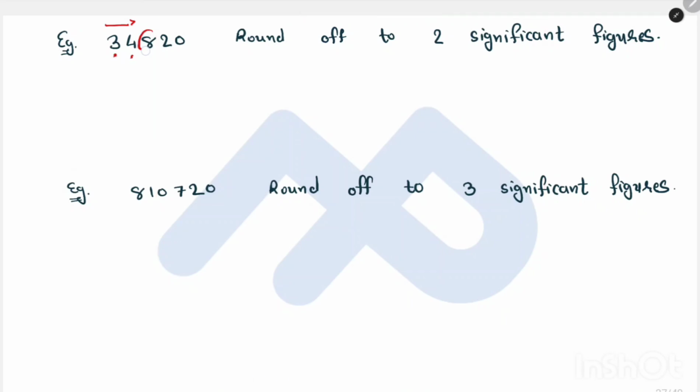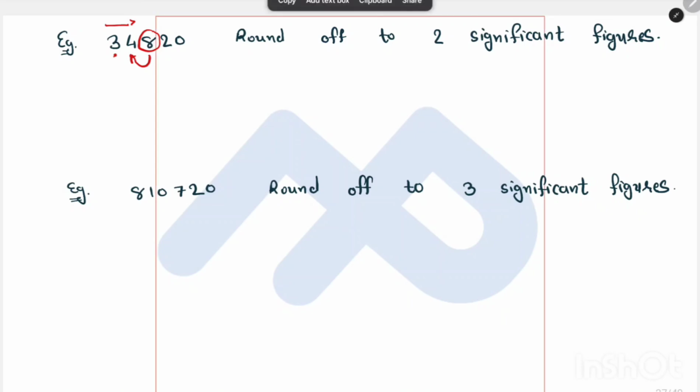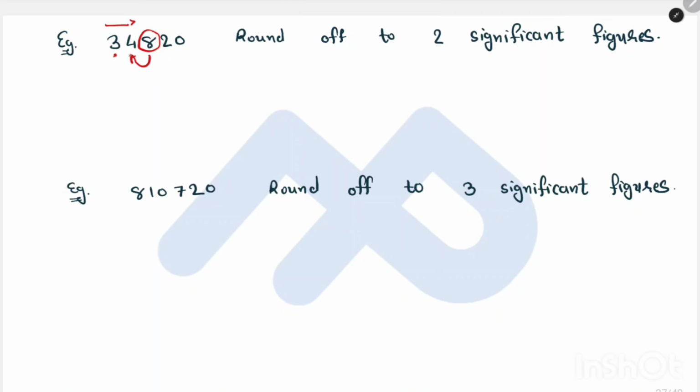After these 2 significant figures, the third digit, if it is 5 or more than 5, you'll have to add 1 to your digit. Yes, because it is 8, which is more than 5, you'll have to add 1 to this 4. So your answer will be 3, 5, and then put 0, 0, 0 in the end, just to match the number of digits with the original question.